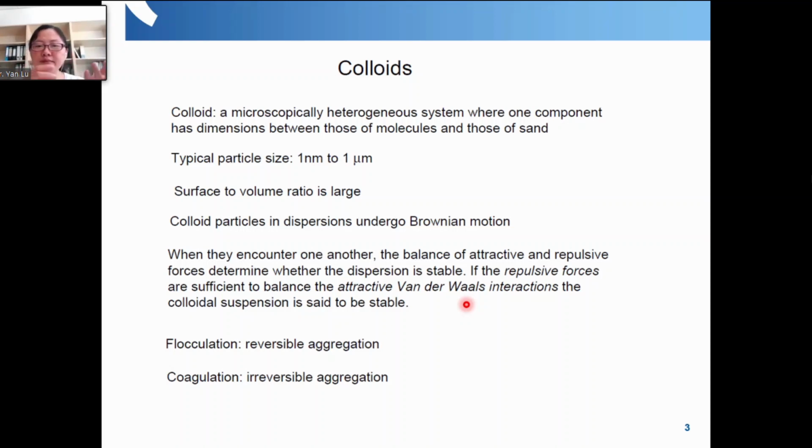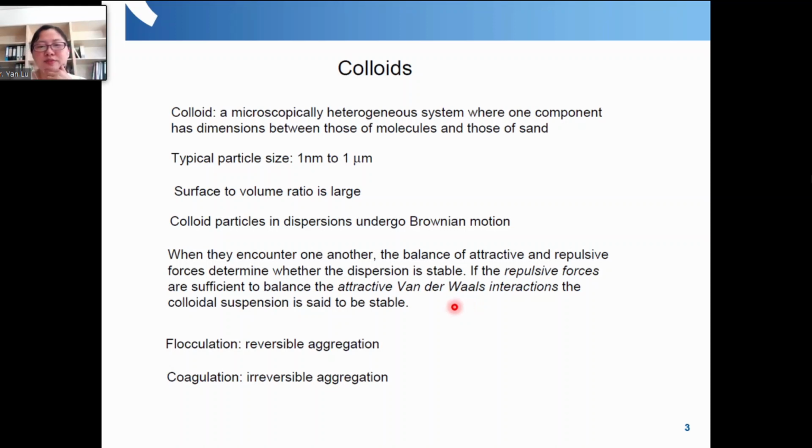The attractive interaction is based on van der Waals interaction. For the repulsion, it normally depends. If you have charged particles, then you have electrostatic interaction, which is repulsive. But we will talk about this in the next slide, because it is one of the most important properties for colloidal particle interactions.